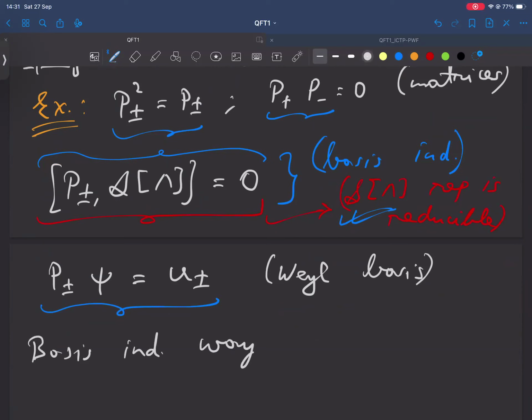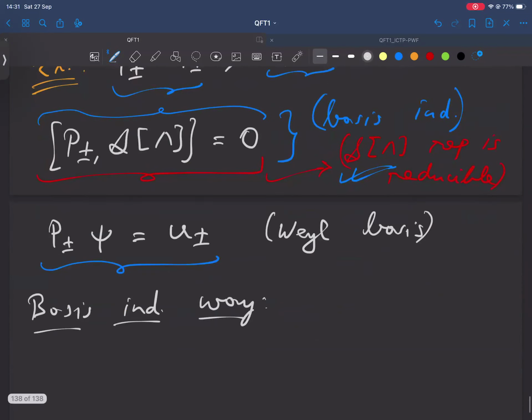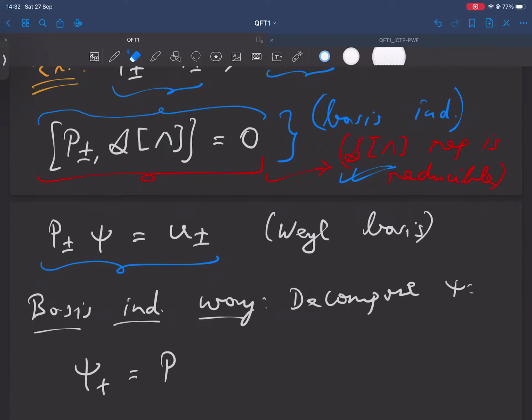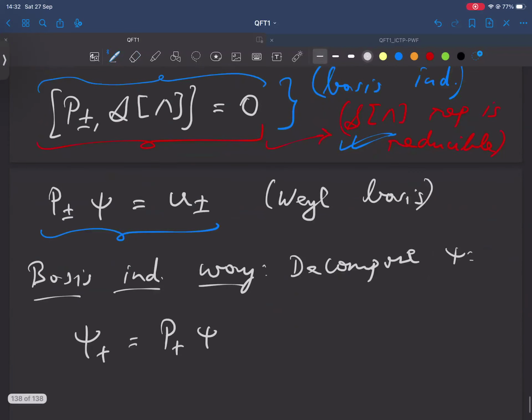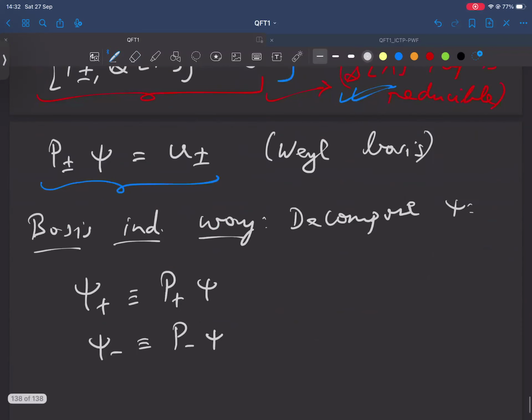this kind of two component thing, then the way to decompose psi is like this. You define psi plus as its projection by P plus, and psi minus as the projection by P minus.